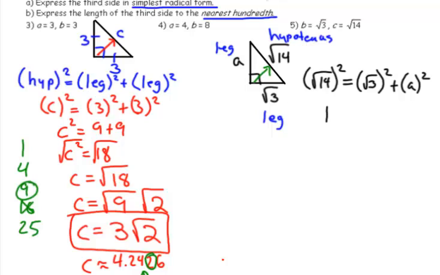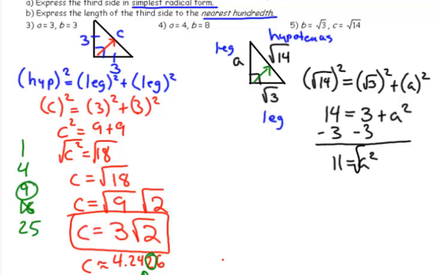So this really becomes just 14. You could enter that into your calculator and it would give you that value, but that's a shortcut to recognize. Following that same reasoning, the first one here is now going to be 3 plus A squared. So I subtract 3, and I get 11 equals A squared. Take the square root of that. The square root of 11 equals A.